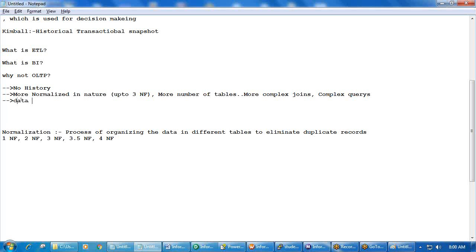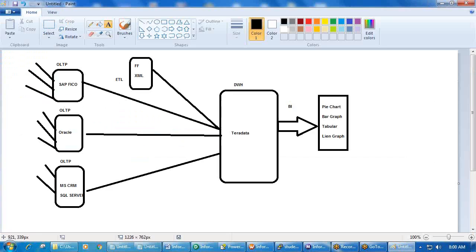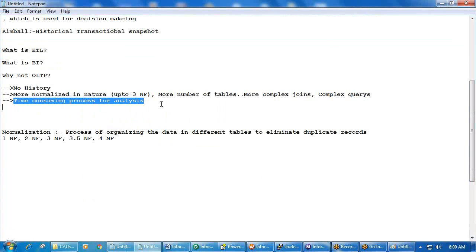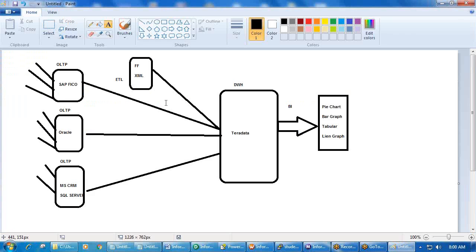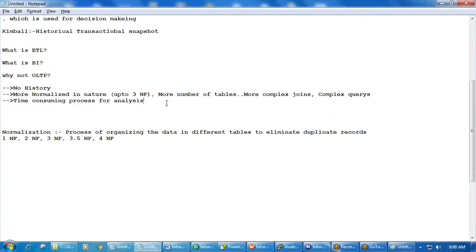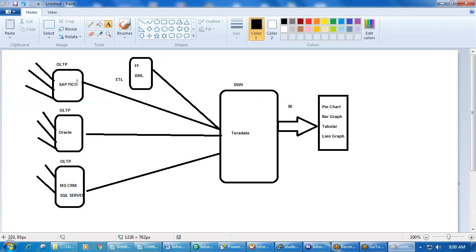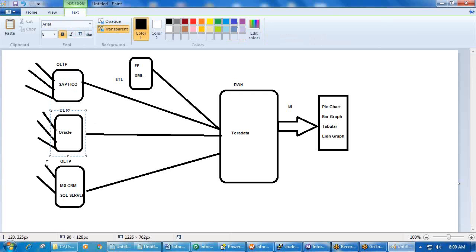And the data is also distributed across multiple systems, so it is a time consuming process for analysis. If my transactional data is distributed across multiple systems, I need to analyze the data in this transactional system, and this system, which is time consuming.